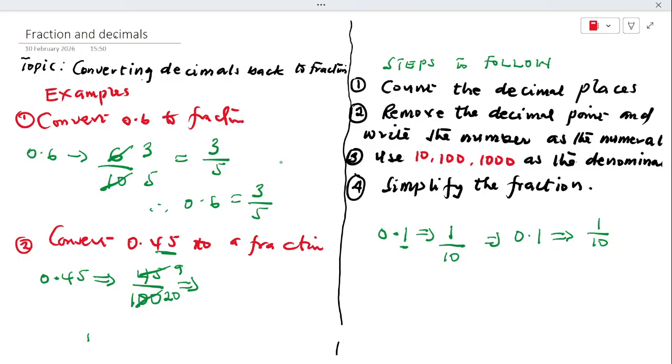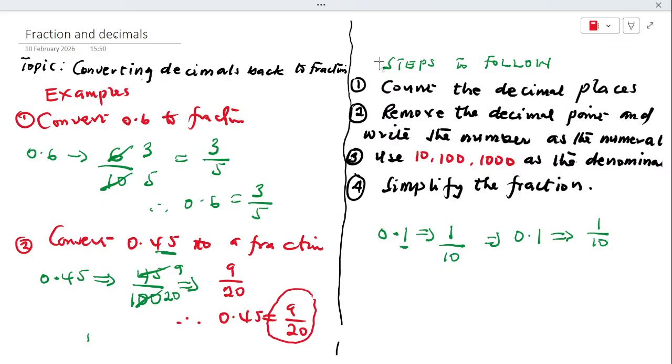So our final answer is going to be 9 over 20. Remember, there is no number again that can go into 9 and at the same time go into 20. So therefore, 0.45 into a fraction is equal to 9 over 20 as our answer. I hope this is clear.